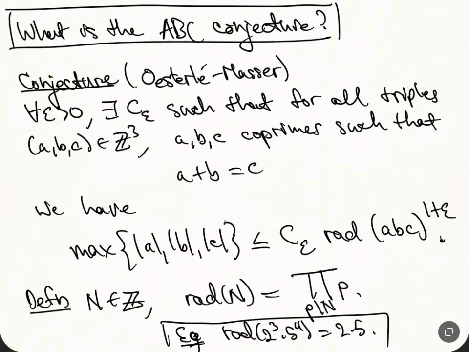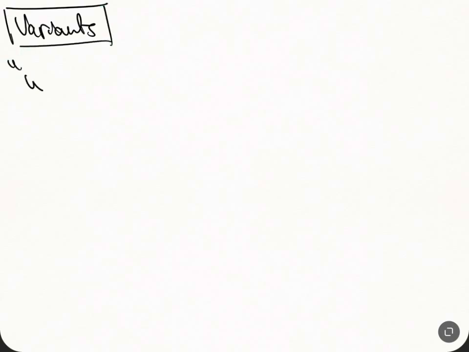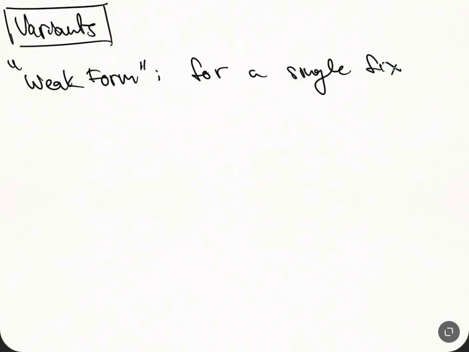All right, let me give you some variants before we talk about applications. So these are some variants. There are weak forms. Here, this is for a single fixed epsilon naught.